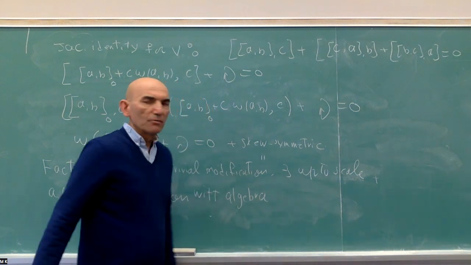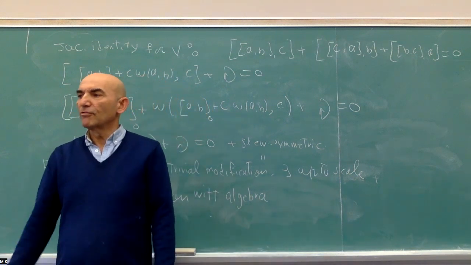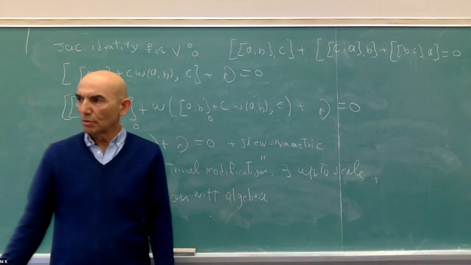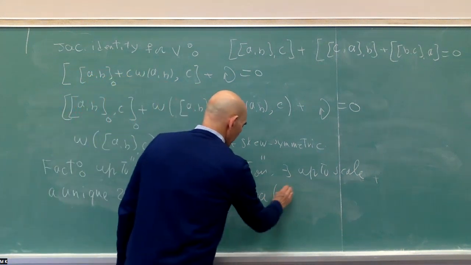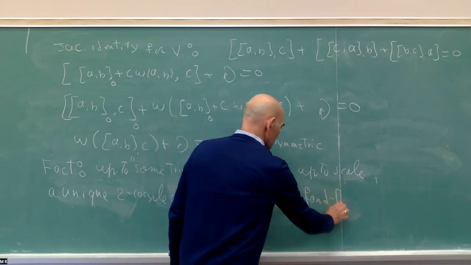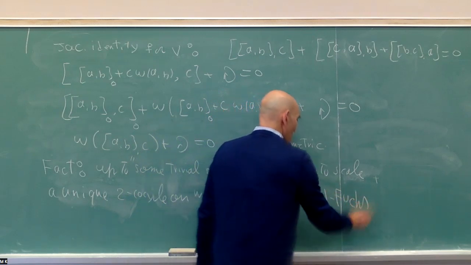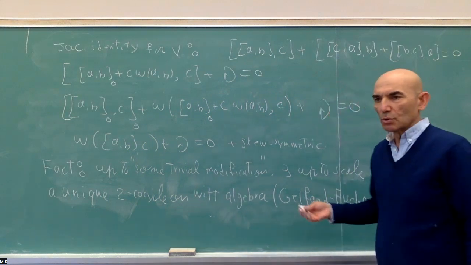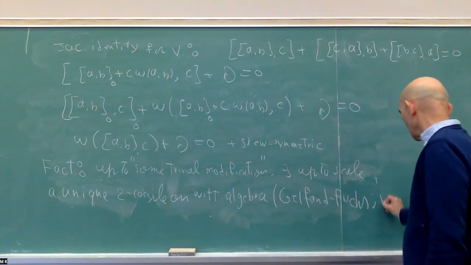So this 2-cocycle was discovered by Gelfand and Fuchs actually before Virasoro. So this is due to Gelfand and Fuchs. Maybe Virasoro is also relevant here, but I'm not sure.